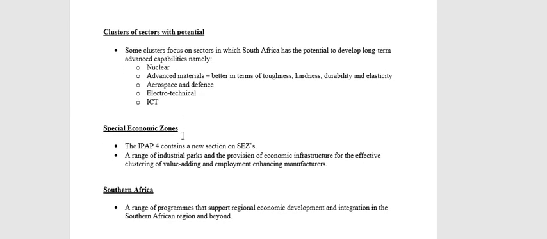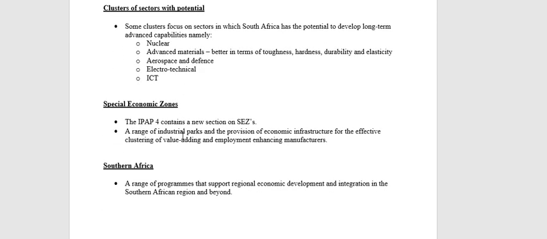All right, then in terms of clusters with potential, this was added, we've mentioned this before, in IPAP 3. Remember these are the clusters, sectors that have been identified where we have long-term potential. So sometime in the future, we have the potential to become really good at this. We discussed this under IPAP 3. So that would be the nuclear industry, advanced materials.